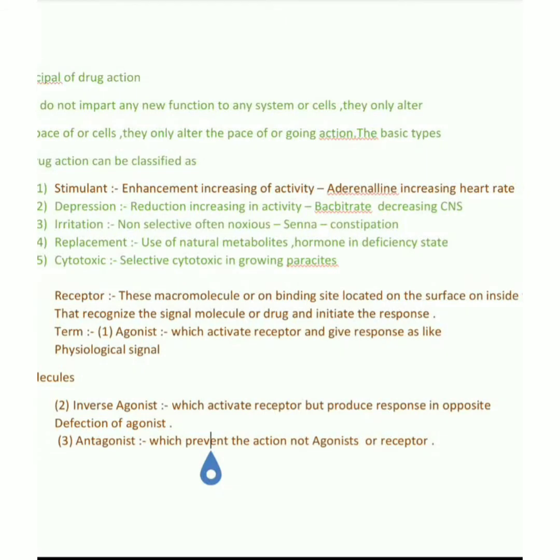Now friends, I just named the terms agonist, inverse agonist and antagonist, but now I want to discuss the receptor. The receptor is very important. At first I also read the definition: macromolecules or binding sites.